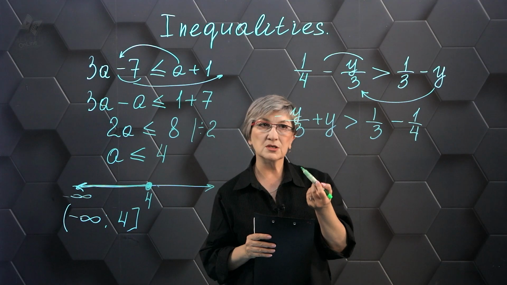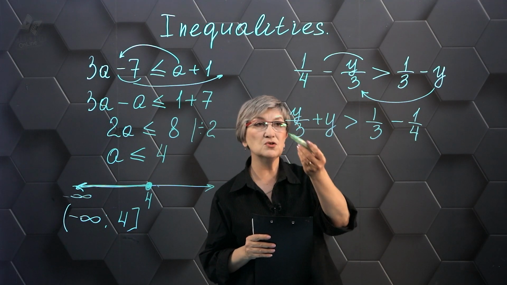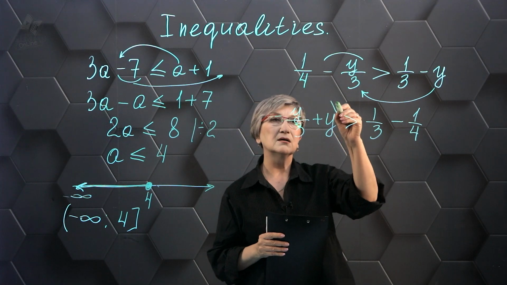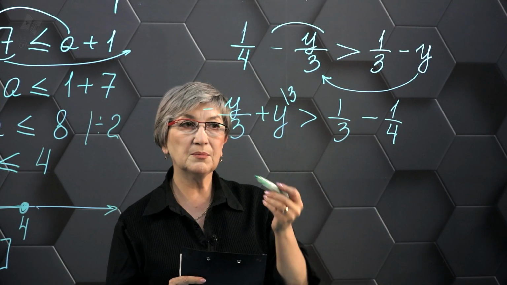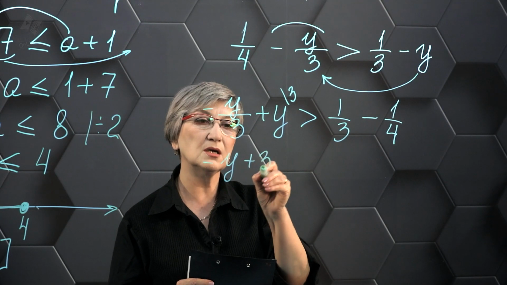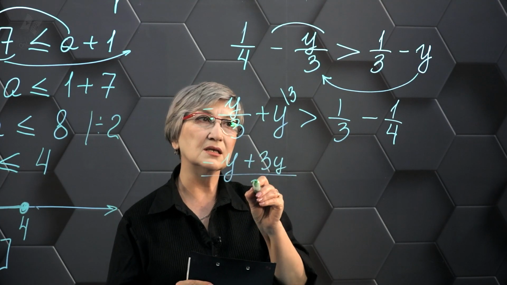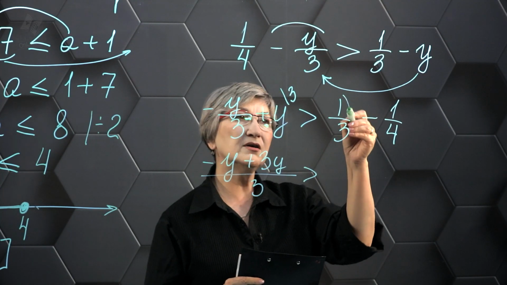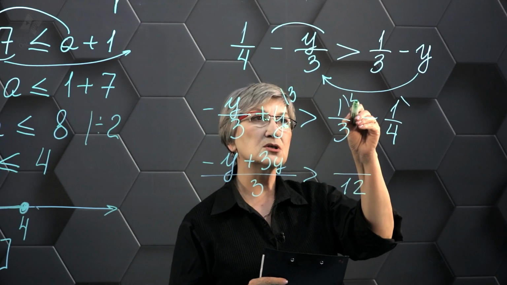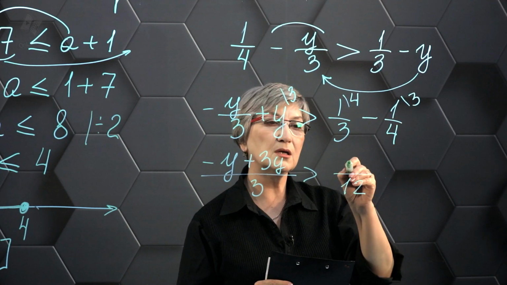Let's bring the left part to a denominator equal to 3, and then the summand y has an additional multiplier 3. The result is minus y plus 3y divided by 3 is greater than, and in the right part, the common denominator is 12. Then you get 4 minus 3, and that's 1/12.